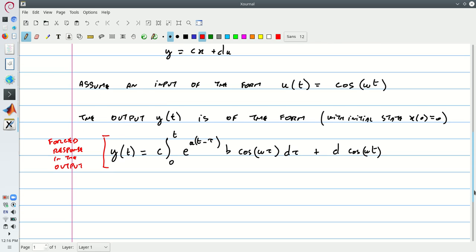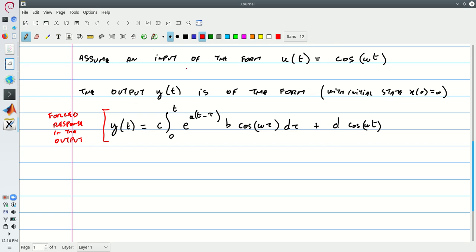Okay, for our analysis, let's assume momentarily for simplicity that d is equal to 0. What happens if d is not equal to 0? Well, all the computations that we are going to do now are still valid.